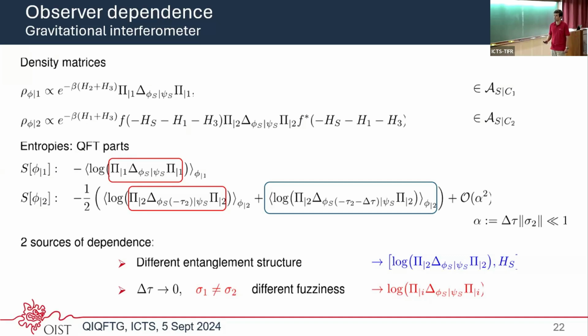So even if you take delta tau to 0, but the clocks are different, you would still find that the entropy between the two observers will be a different numerical value. And that's really an explicit example of what we call the observer dependence of gravitational entropy, since these two contributions contribute to the total entropy of the state.